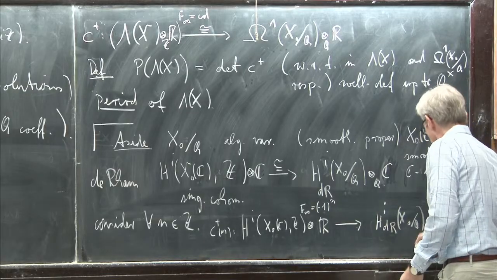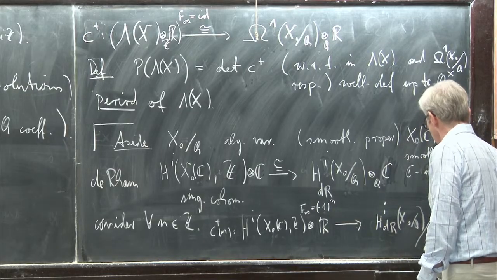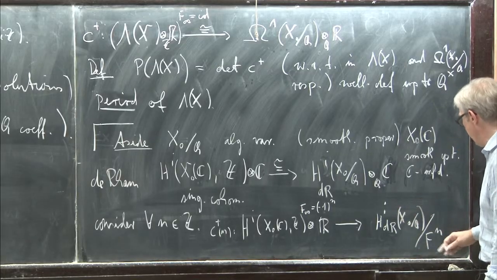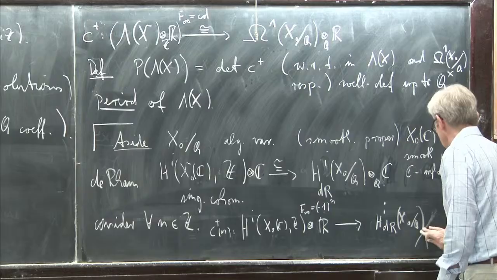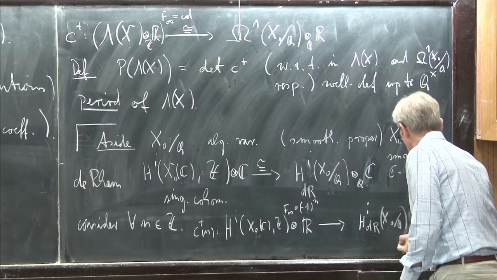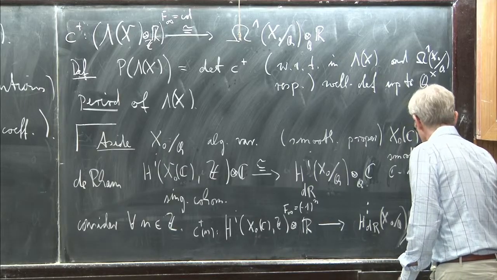And then you have to divide by the nth step of the Hodge filtration, which is another important invariant of the complex manifold. Sorry, I first have to tensor with R.